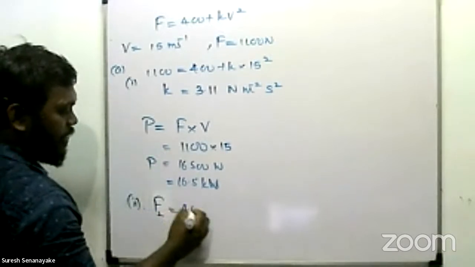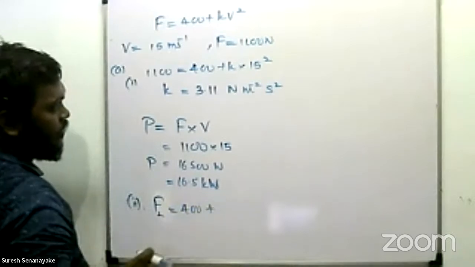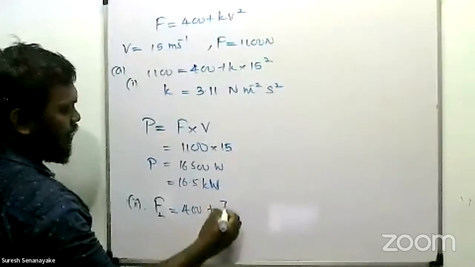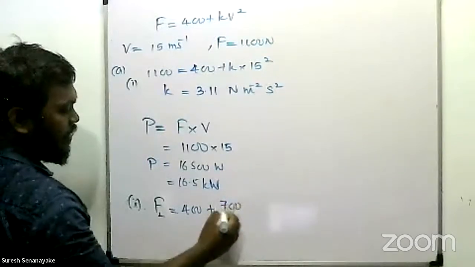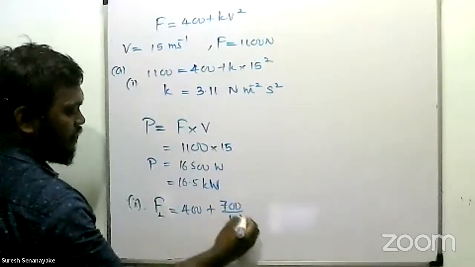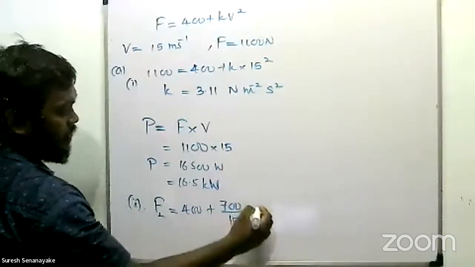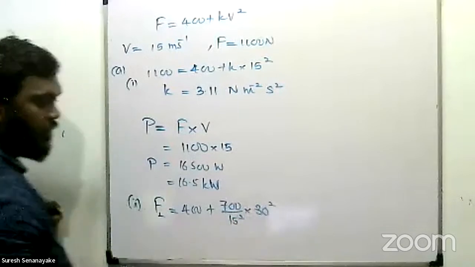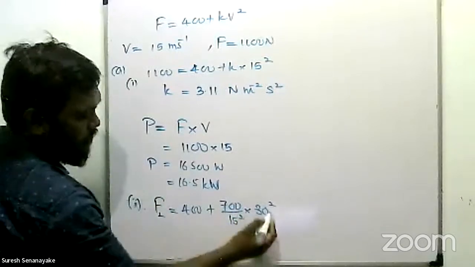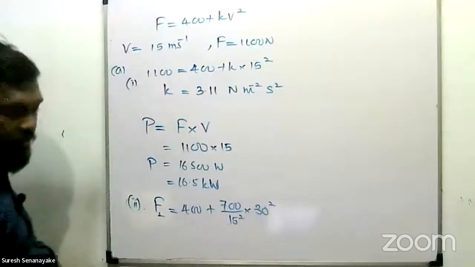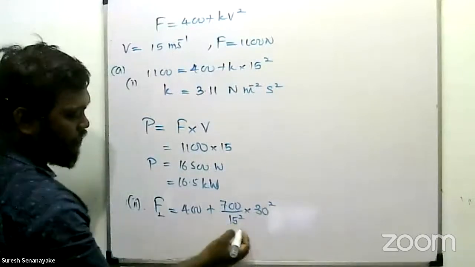So 400 plus, now you know the value of k, so I will write it as 700 divided by the square of 15, right? For the easiest simplification, v square is 30 square. So 30 divided by 15, squared, is 2 squared, which is 4.